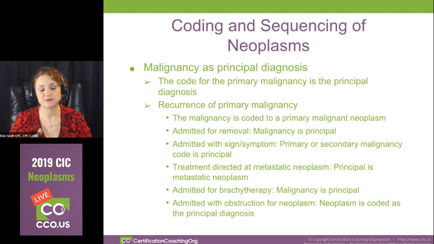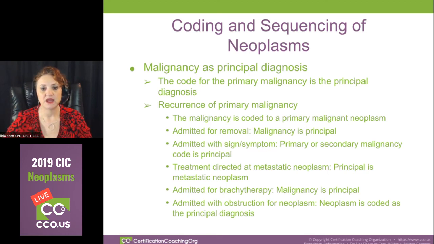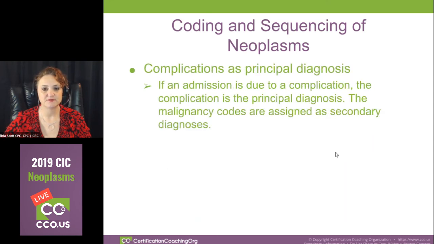Is it the principal diagnosis, the primary lung cancer for Mrs. Brown, or is it the secondary of the brain? Is the patient being admitted for brachytherapy? Okay, then malignancy is the principal site. If we're going to be admitted because we have an obstruction, then neoplasm is coded as the principal diagnosis.